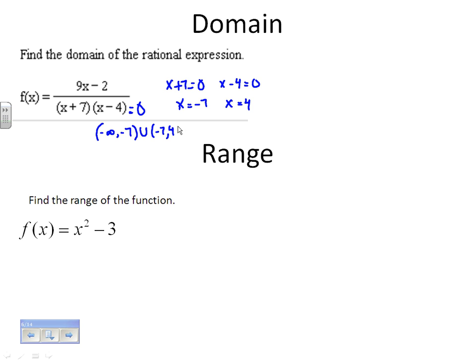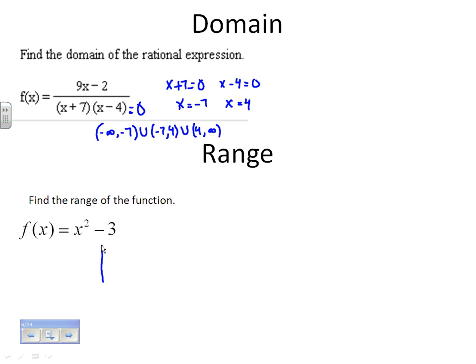But again, it can't equal either one of them, which is why I'm putting parentheses, not brackets. And then I can go from 4 to infinity. Okay, that's my domain. It looks really long, but all we were really saying is that -7 and 4 are not included.